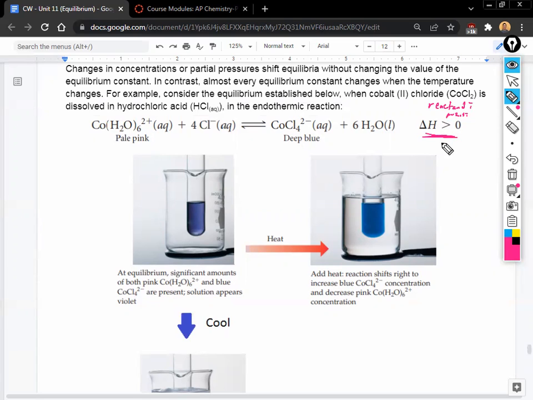Who thinks reactant? Who thinks product? Who's super confused? Okay, so let's talk about enthalpy. If enthalpy is greater than 0, is heat released or absorbed? Yeah, it's absorbed. If enthalpy is greater than 0, heat is absorbed.